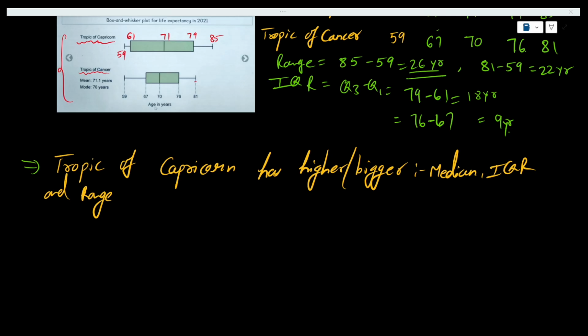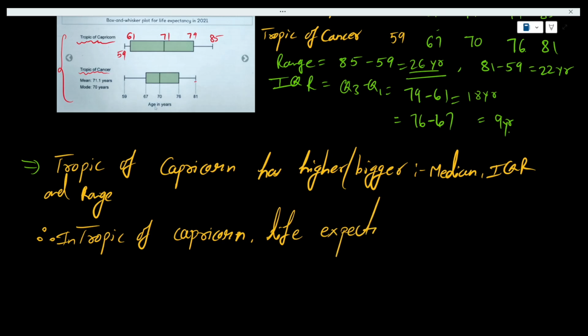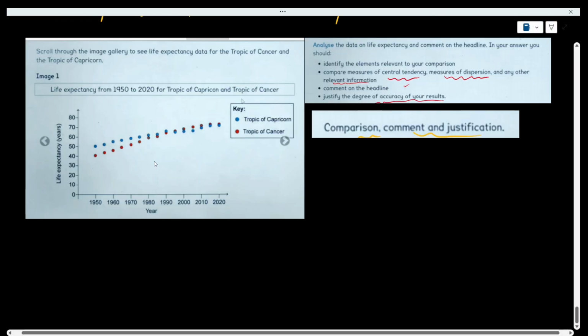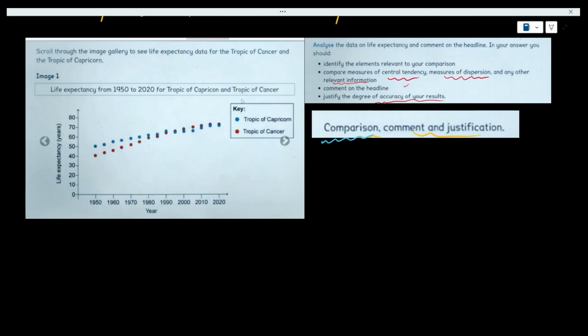Which shows that, using this, we can say that therefore in Tropic of Capricorn, life expectancy is higher. Comparison, you have done it here by analyzing the data.